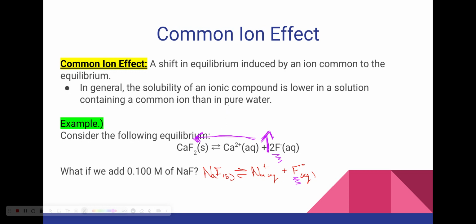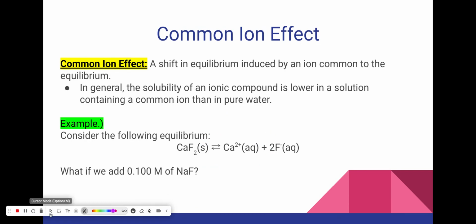So in other words, if we have a common ion, you could say it one of two ways: it makes the ionic compound more insoluble, or perhaps you might want to say it makes more precipitate form. And that all goes back to Le Chatelier's principle.